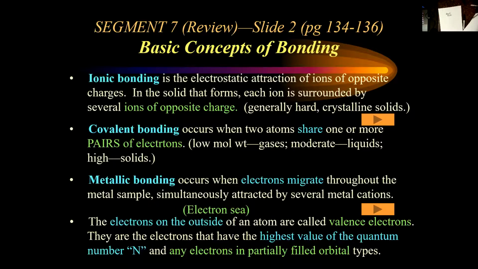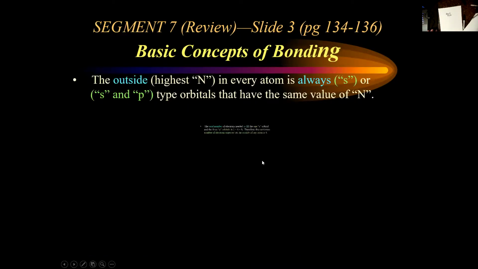In the transition metals, we've mentioned this before, the transition metals have a 4s2 configuration, 3d something. The 4s fills before the 3d, but the 4s is bigger than the 3d. So all the transition elements have these two electrons on the outside, and those electrons and any partially filled electrons are valence electrons in that atom.